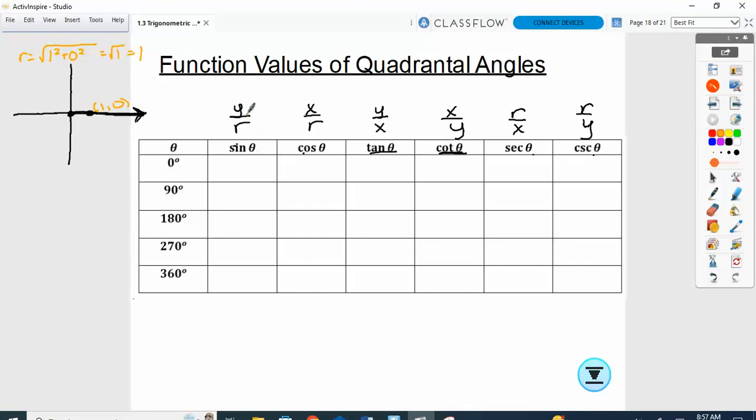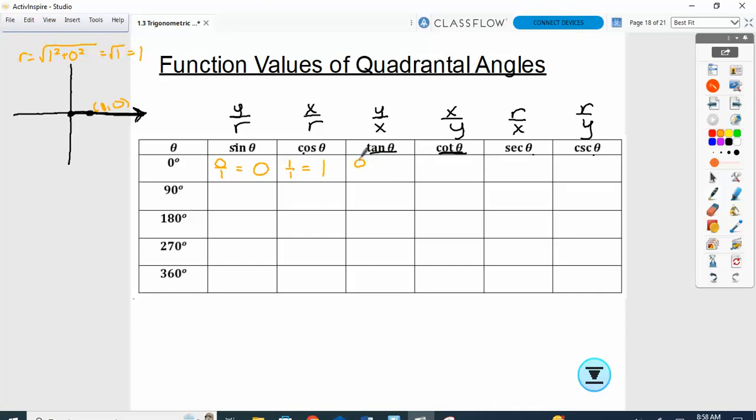So at 0 degrees, sine is y divided by r, so that would be 0 divided by 1, which is 0. Cosine is x divided by r. So my x is 1, r is 1, so 1 divided by 1 is 1. Tangent, y divided by x.